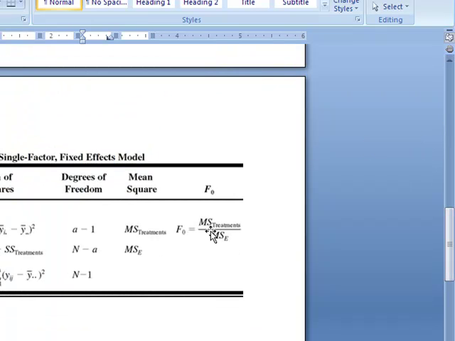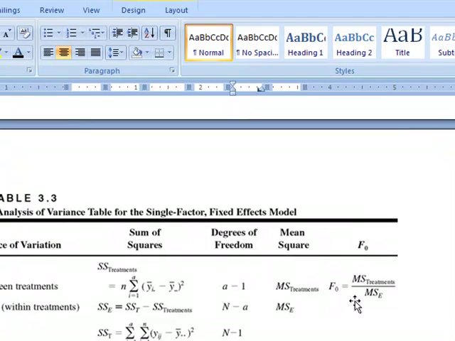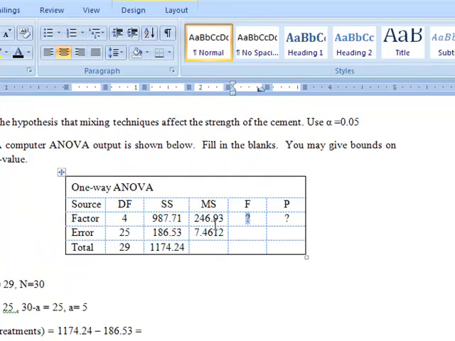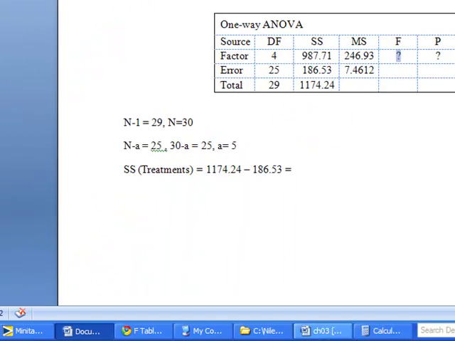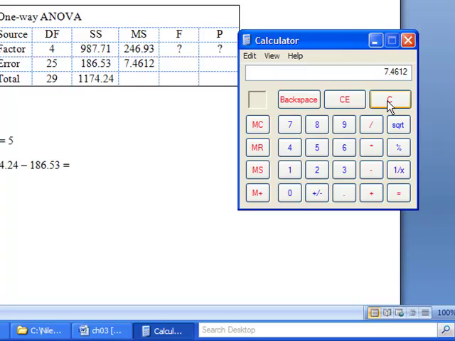Now we need to calculate the F value. The F value, from this table, is mean square treatments divided by mean square error, right? So mean square treatment, which is mean square factor, is 246.93 divided by mean square error 7.4612.